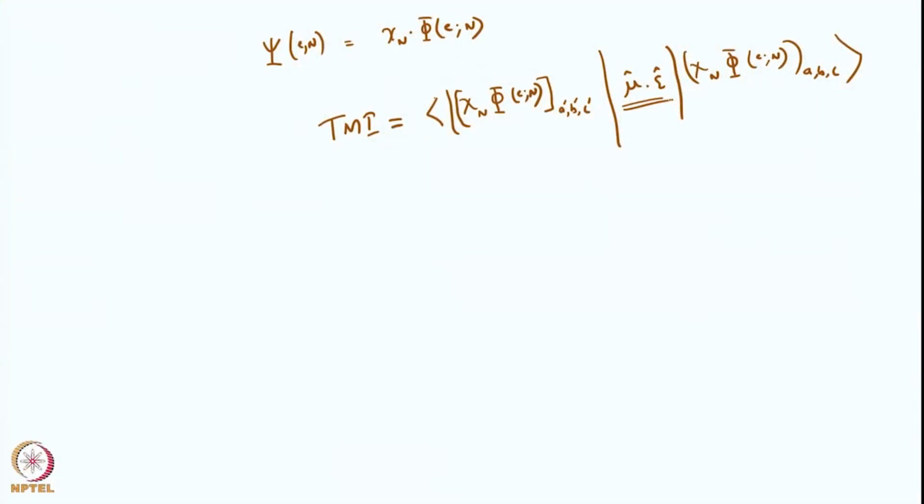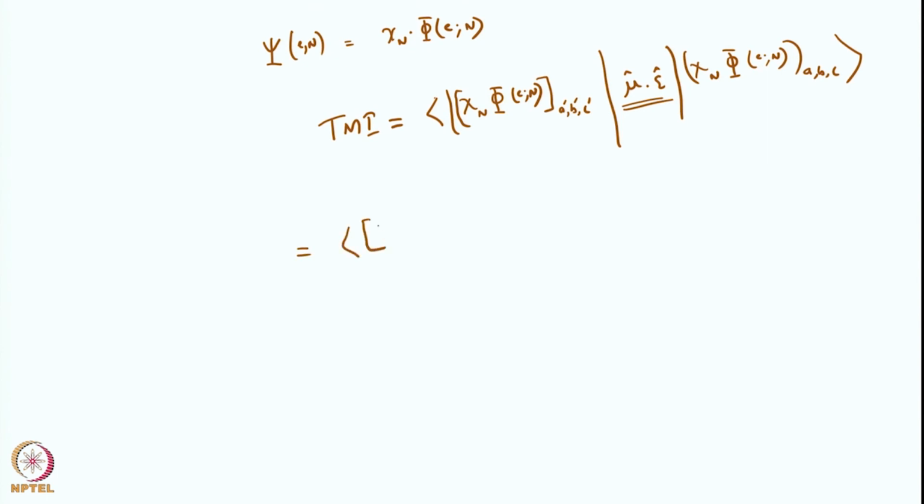Now, what I am trying to do is go from one set of electronic and nuclear coordinates to a different set of electronic and nuclear coordinates, and this transition is brought about by this operator. This operator is really complicated in some sense.